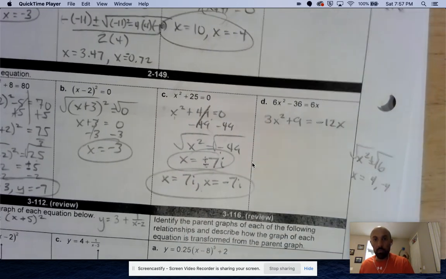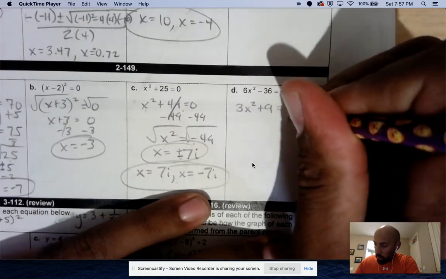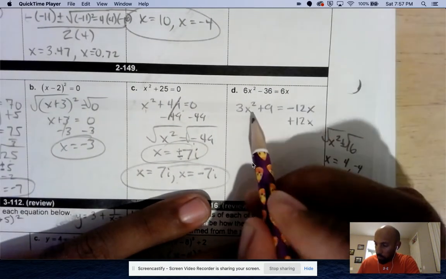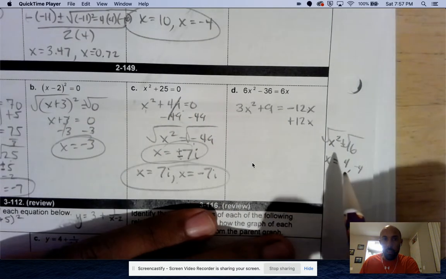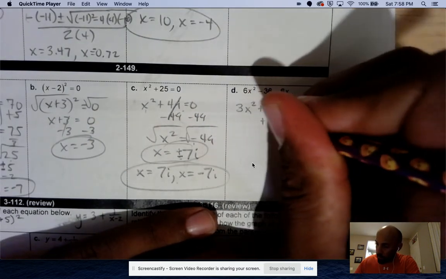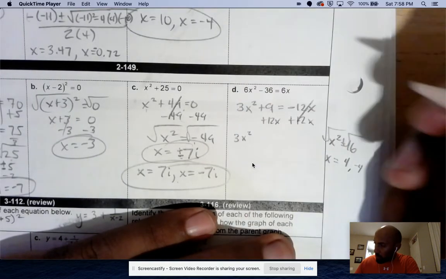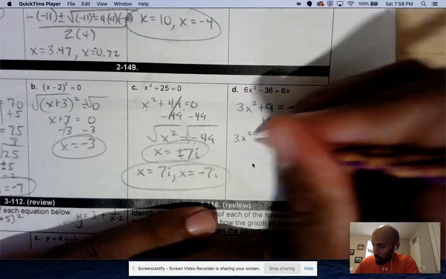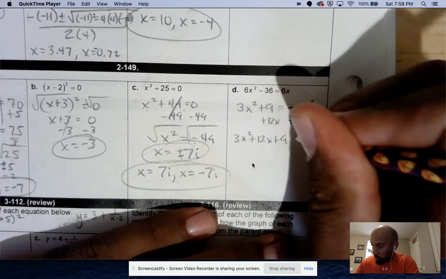Either one is acceptable. Okay, so now here, let's make this equal 0 since we have 3 different terms, not 2 like this or like that as other cases. Add that to both sides. So now we get 0 is equal to 3x squared plus 12x plus 9.